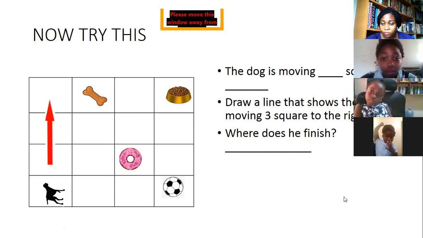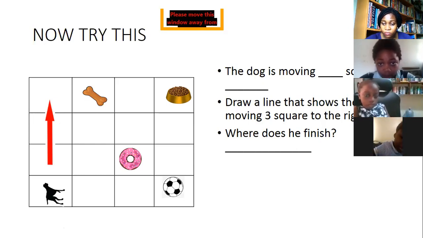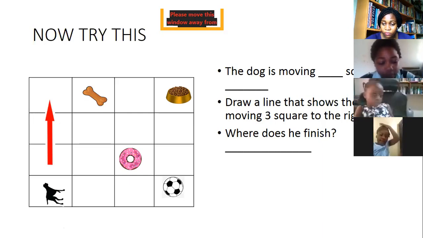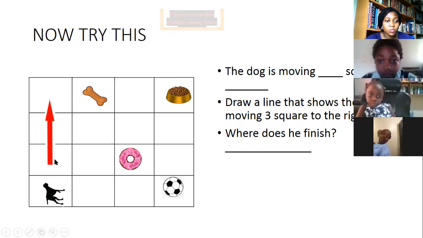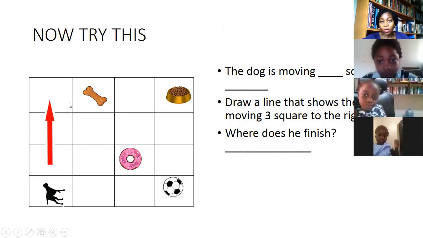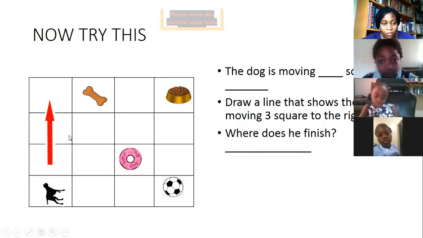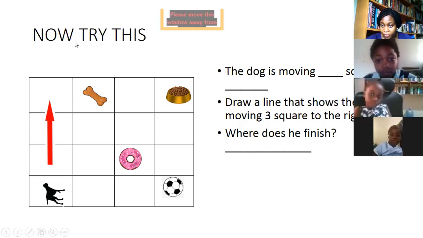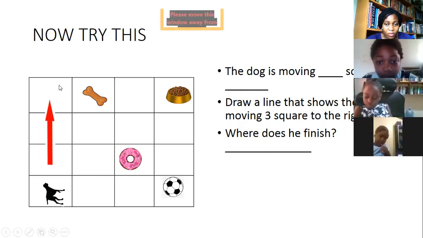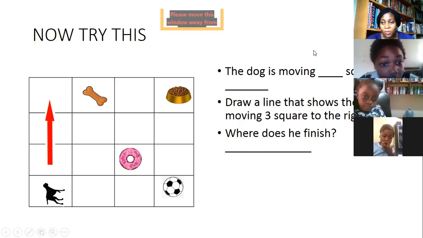Yes, Jolly. It's moving forward, good, or upwards. So it's moving forward or up. Now the question is asking for how many squares.